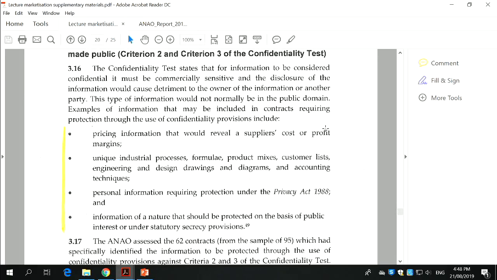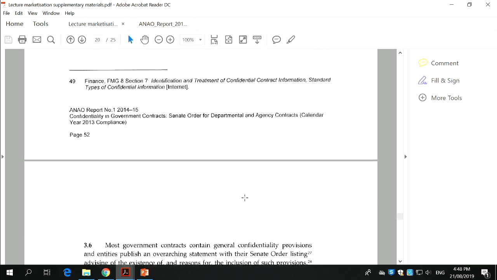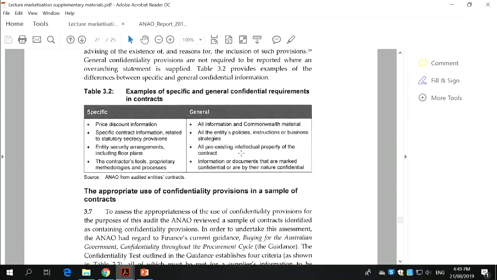So what are these confidentiality provisions? What types of information can be considered genuinely confidential? Like pricing information, industrial process formulas, etc. This is also taken from the ANAO report.